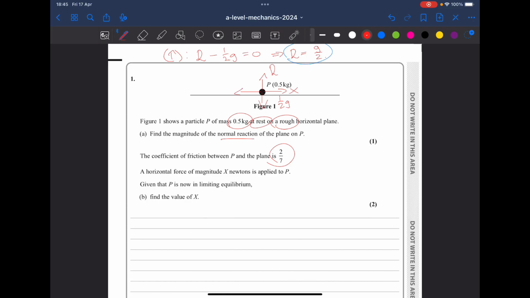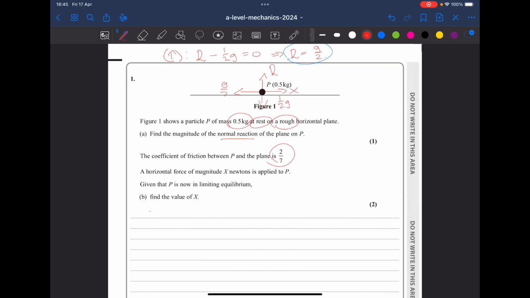We could write just F or FR for friction, but we know, because we are in limited equilibrium, that our friction is equal to mu times R. So therefore this should be mu, our 2/7, times the R, so the g over 2 that we found above. So what's that going to give us? That's going to be 1/7 of g, so g on 7.